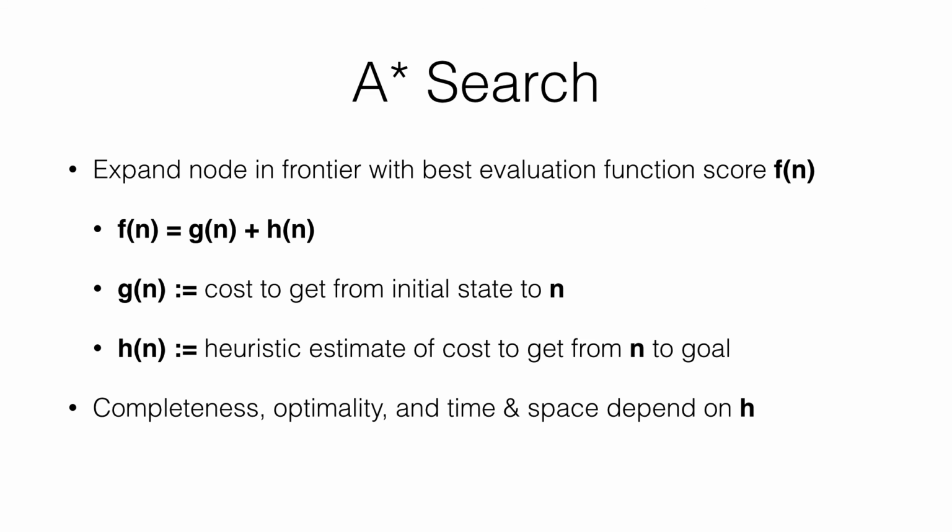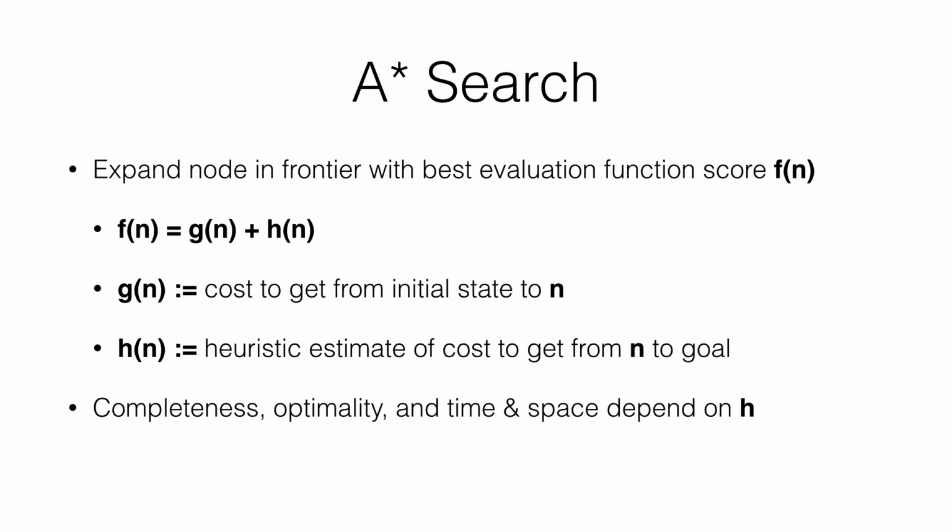And the way it works is that it's still another search algorithm in our big search framework. So the only special thing here is how do we choose what node to take out of the frontier? How do we choose what state to expand next? And the way we do it is to expand the node with the best evaluation function score, which is defined here as f of n, where n is the state, and f of n is composed of two things.